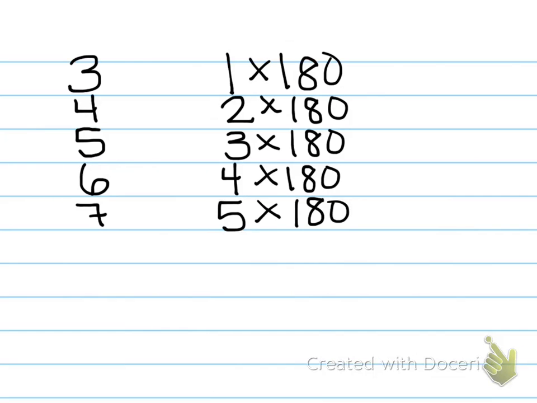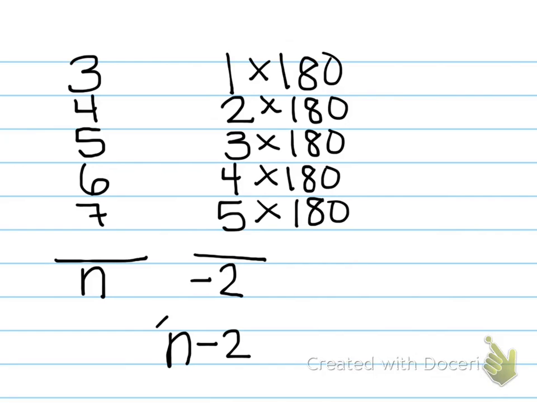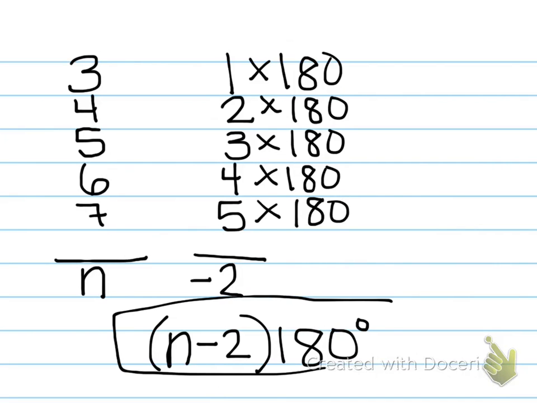So our number of sides, which we could just call n, we were always left with 2 less triangles. And then we multiplied that by 180. So hopefully the formula that you came up with was the number of sides minus 2, times 180 degrees, will always give us the total sum of the angles inside any polygon.